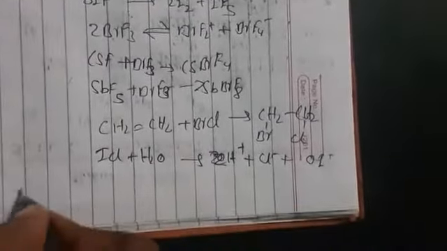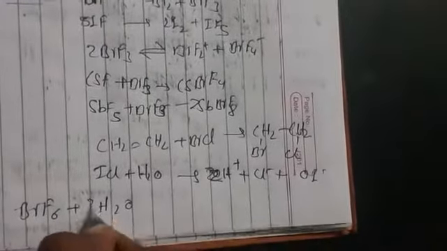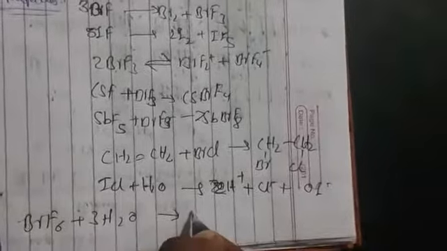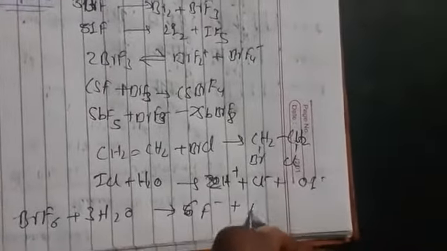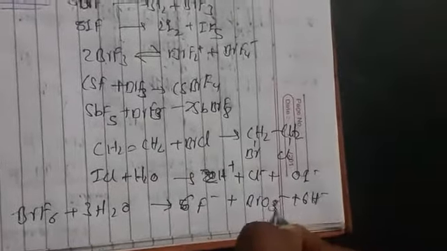If you react BrF6 plus H2O, it gives 6F minus plus BrO3 minus plus 6H plus. So these are the properties it gives. What we have prepared, that only we have written, meaning it is a direct combination, a reversible reaction.